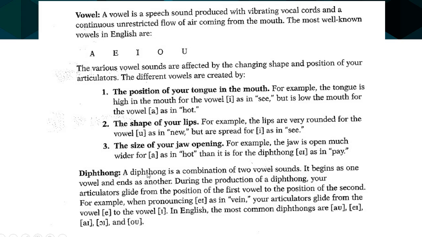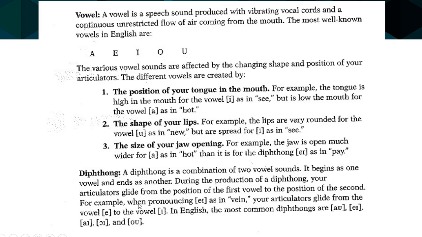Diphthong. What is a diphthong? A diphthong is a combination of two vowel sounds. It begins as one vowel and ends as another. During the production of a diphthong, your articulators glide from the position of the first vowel to the position of the second.